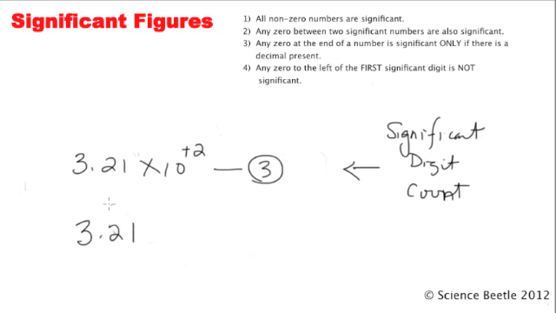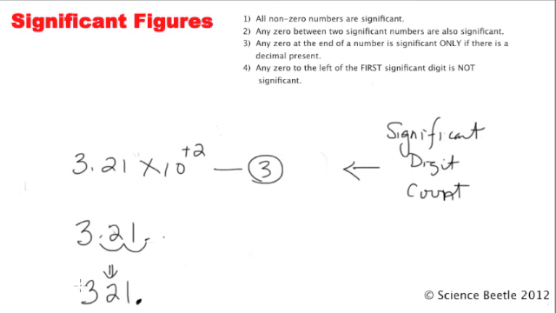This is the number that we start off with, but here we're saying that it has an exponent of positive 2, to the second power. So that means that we need to shift the decimal point 2 spaces to the right. There's 1 and 2. When we do that, this number essentially becomes 321 with a decimal at the end. Once we do this, we look at the rules.